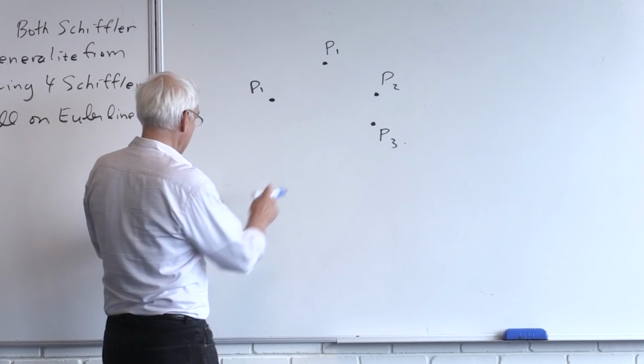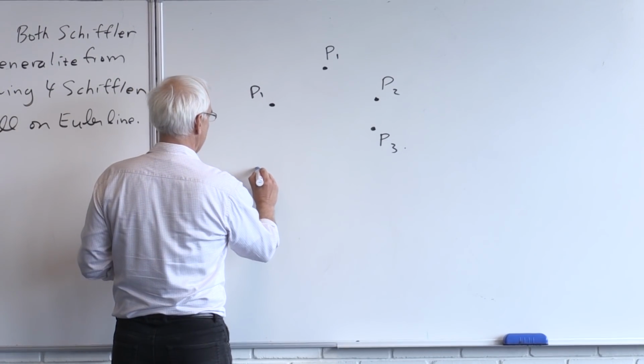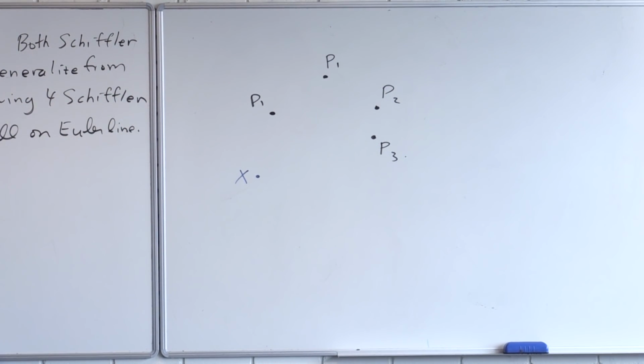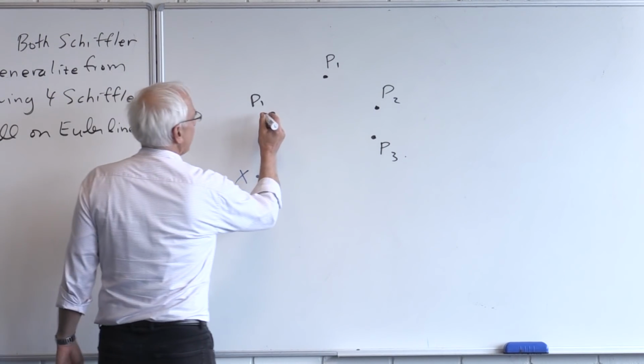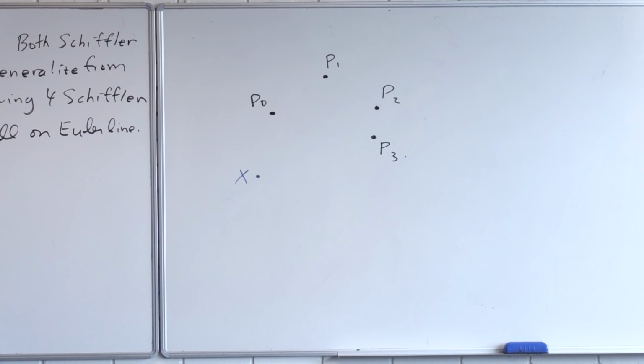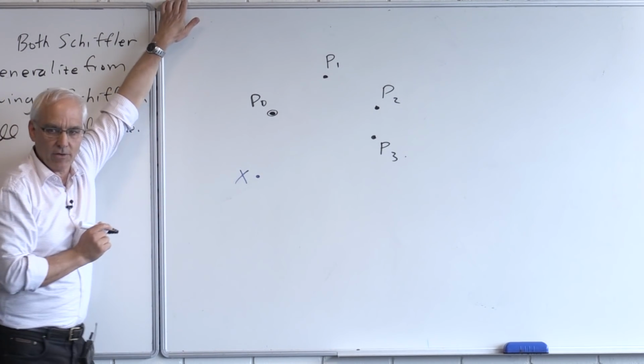But I need the 5th point, which will be, let's say, X. So maybe we'll choose some point X. So let's see if I can do it in this case here. Okay, so we're interested in getting 4 points, P0, P1, P2, P3. So let's start by, there's going to be 4 of them, so I'm going to start with, say, the one associated to P0.